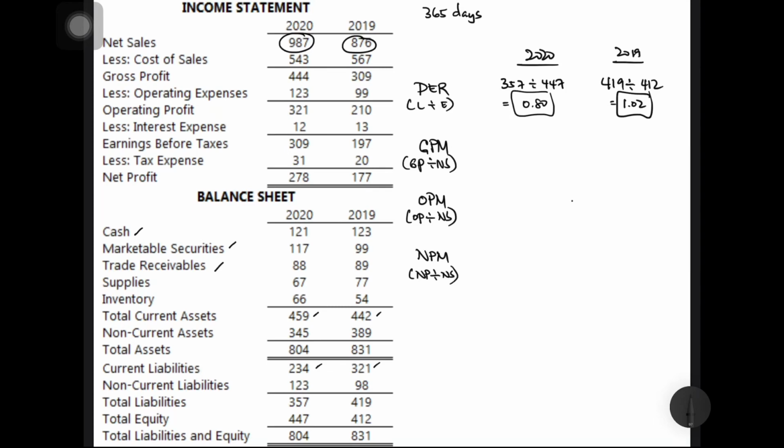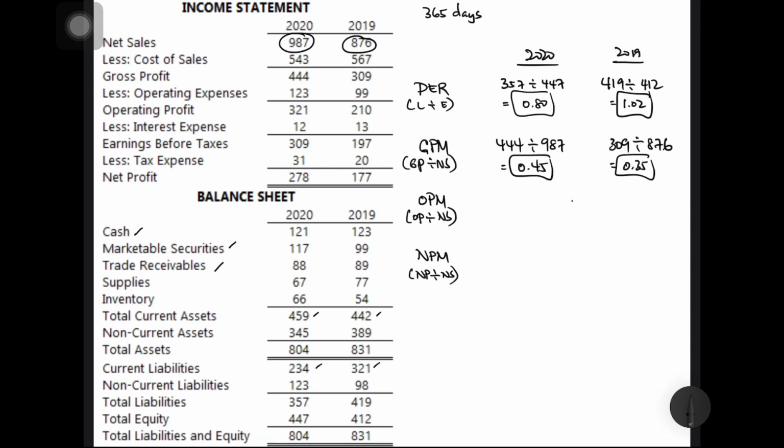So gross profit, let's have it, 444 divided by net sales, 987. 2019, it's 309 divided by 876. Answer is 0.45 or 45%, and then 0.35.